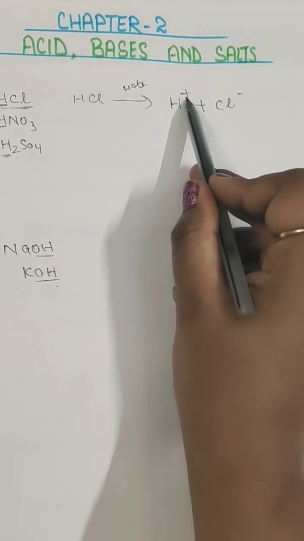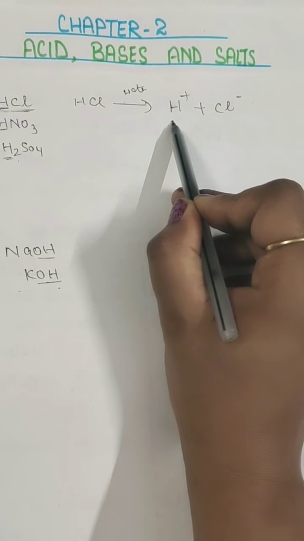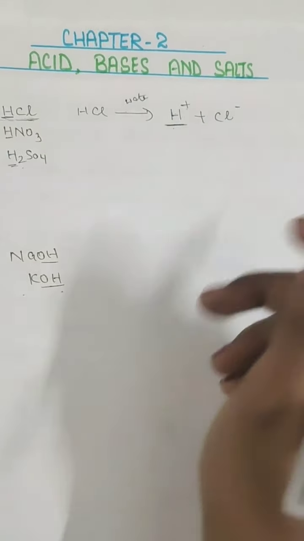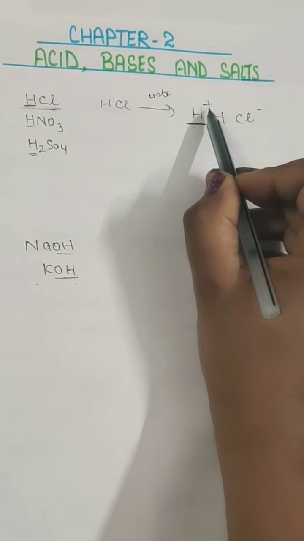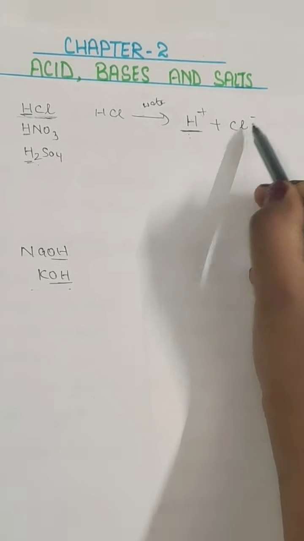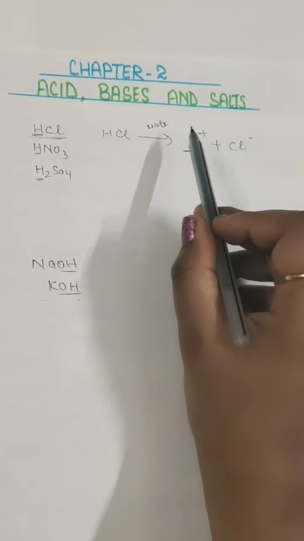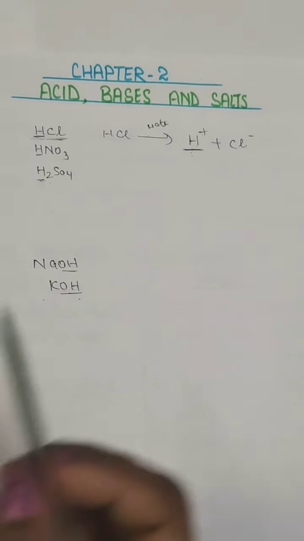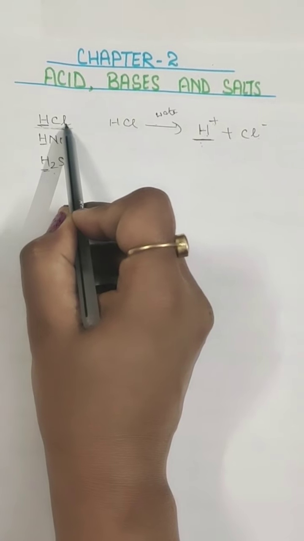Whenever we write a plus or negative sign on any element, it is called an ion. I hope you remember this, which we learned in class 9th. Since this is a positive ion, it is called hydrogen ion, and this is a chloride ion. Hydrogen ion is formed positive because the hydrogen atom donates one electron to the chlorine atom. That is why they combine with each other.